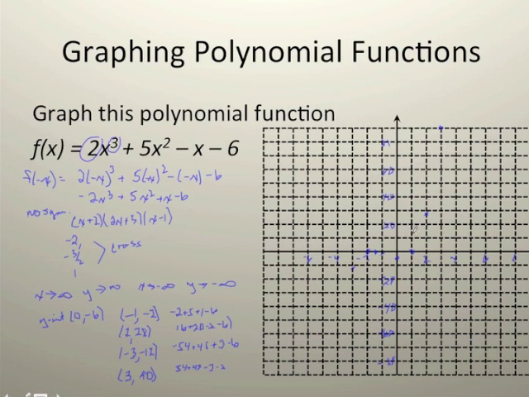We know that as x goes to infinity, y will go to infinity, and as x goes to negative infinity, y will go to negative infinity. I'm really curious. Let's check negative 4 over here. That would give me 120 plus 80 plus 4 minus 6.